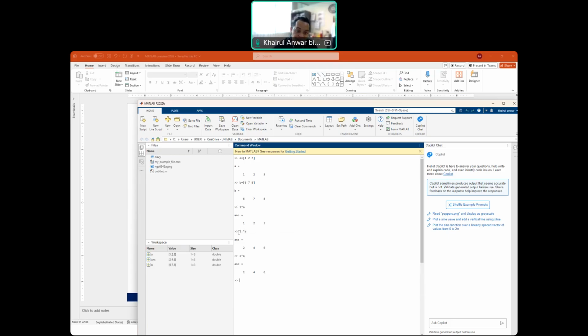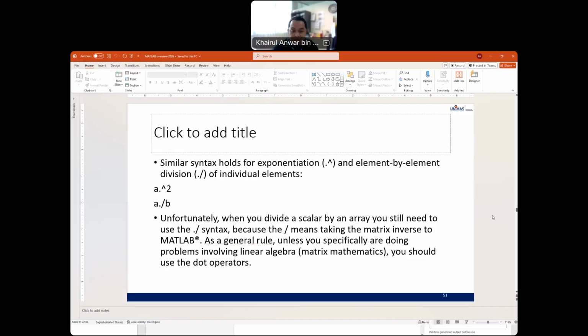If you multiply a scalar, you refer to this number with an array A, you can either use with dot or without dot, but for the division, it must be with dot. See, but if you put 2 dot slash 3, this is what we do.